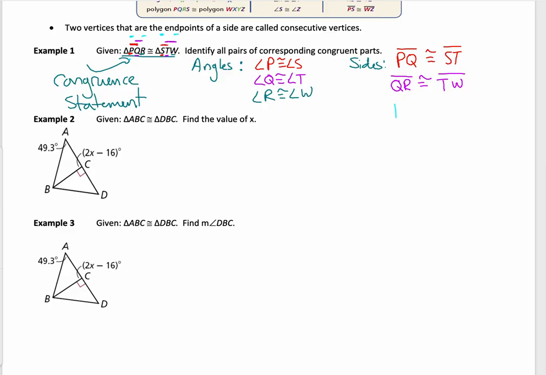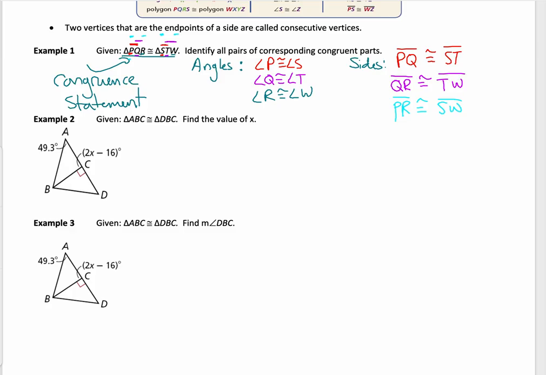So I might say segment PR is congruent to segment SW. And of course, we could reverse these letters as well, right? Those are the six figures that make up these triangles, and if we can find the corresponding ones, then that's how we break down that congruence statement into its component parts.